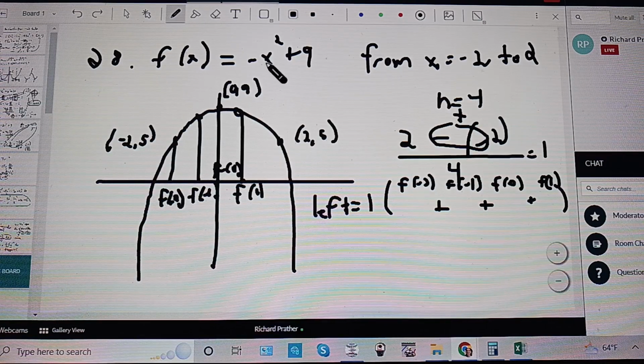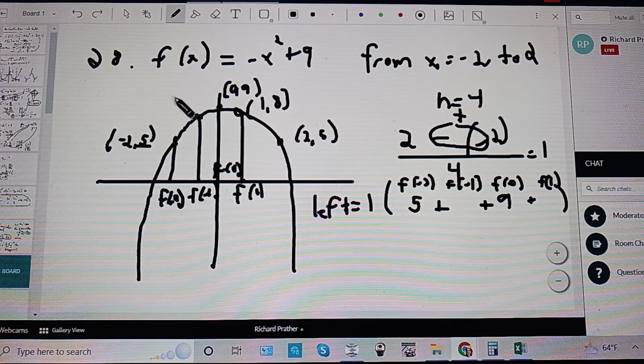So f of -2: -2 squared is 4, and then -4 plus 9 is 5, which was this spot right there. And then 2 will equal that, but I'm not going all the way out to 2. If x is 0, the y is 9. And if I get 1 or -1, they should both be the same. 1 squared is 1. -1 plus 9 is 8.